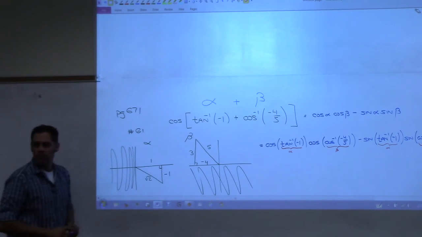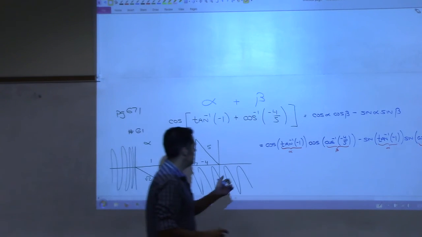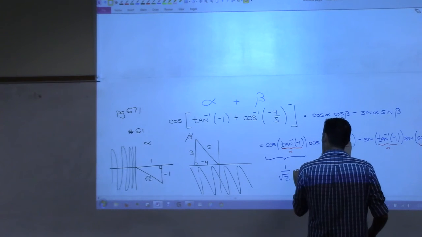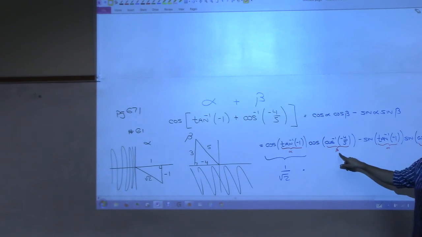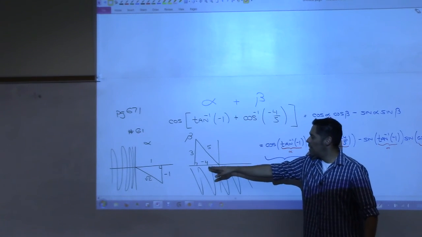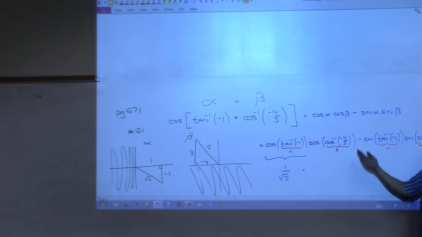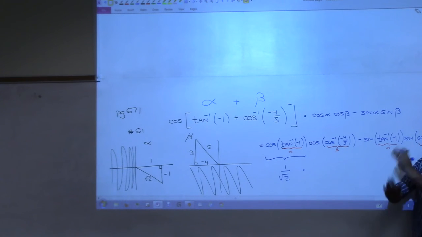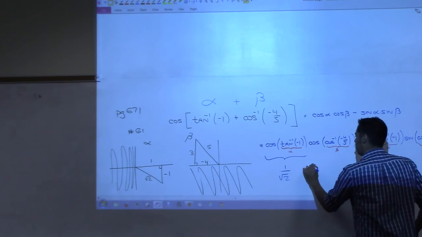So this right here, all of this, is just 1 over root 2, times, now this says cosine of beta, so we go to this triangle, and -4, but these kill each other off too. Cosine of arc cosine, they're gone, so this is just -4 over 5.